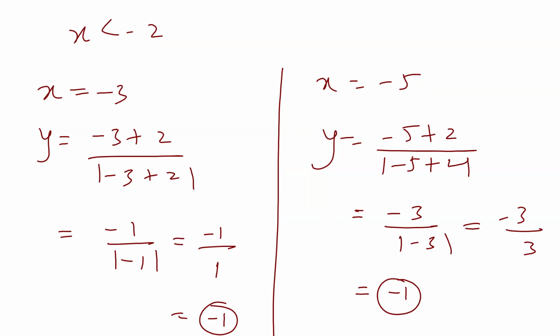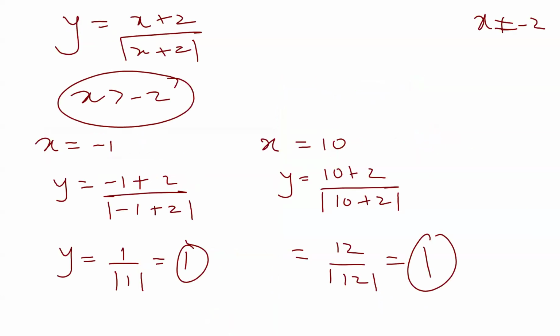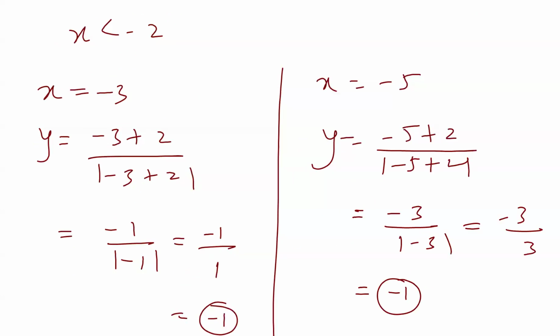We'll get the value of y as 1 when x is greater than minus 2, and we'll get the value of y as minus 1 when the value of x is lesser than minus 2. So the range y belongs to only two values, minus 1 and 1. I hope you understood this problem as well. Next question.